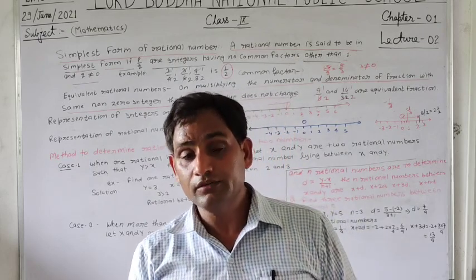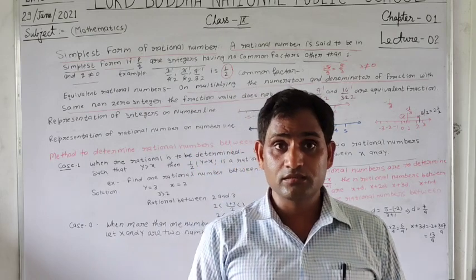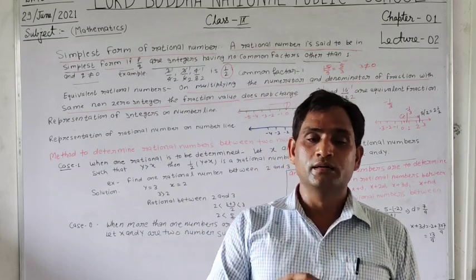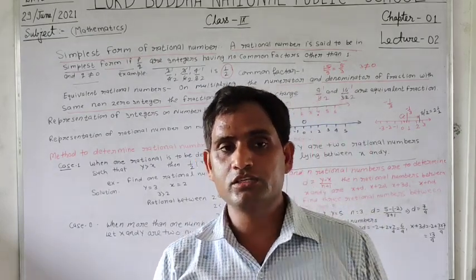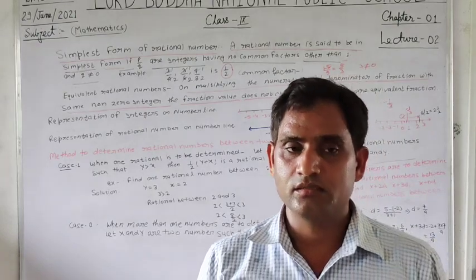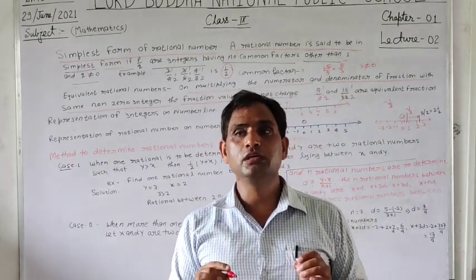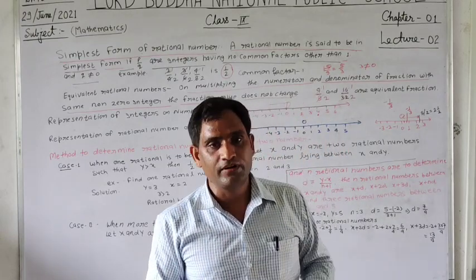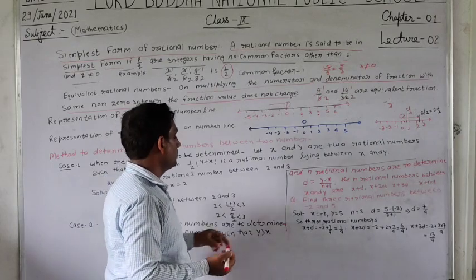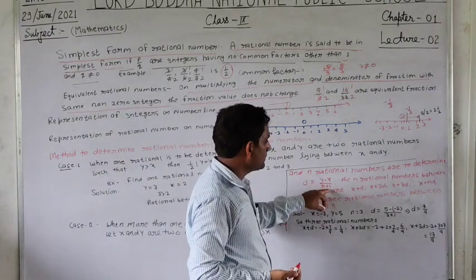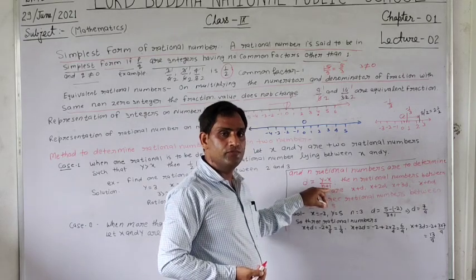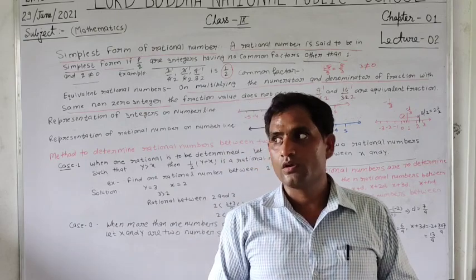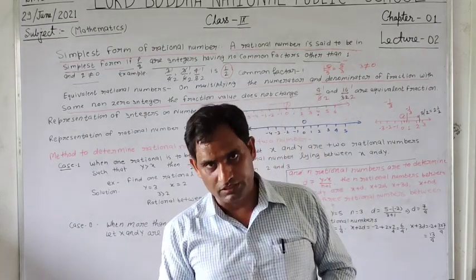In the next condition, if there are n rational numbers between 2 given rational numbers x and y, in which y is greater than x, then first of all we find d. How do we get d? We get d by the formula d equal to (y minus x) upon (n plus 1), where n is the number of rational numbers to be determined, and y and x are the given numbers.